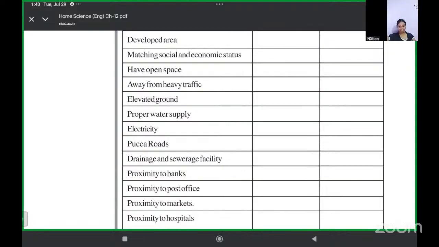Otherwise everything is there. We have the banks, post office, market, hospital, everything nearby, 2 minutes away, because our home is at the center of Ajmer city. The bank is just behind my house. The gym is there. The hospital is 1 or 2 minutes away. Everything is close. So that is proximity to everything.